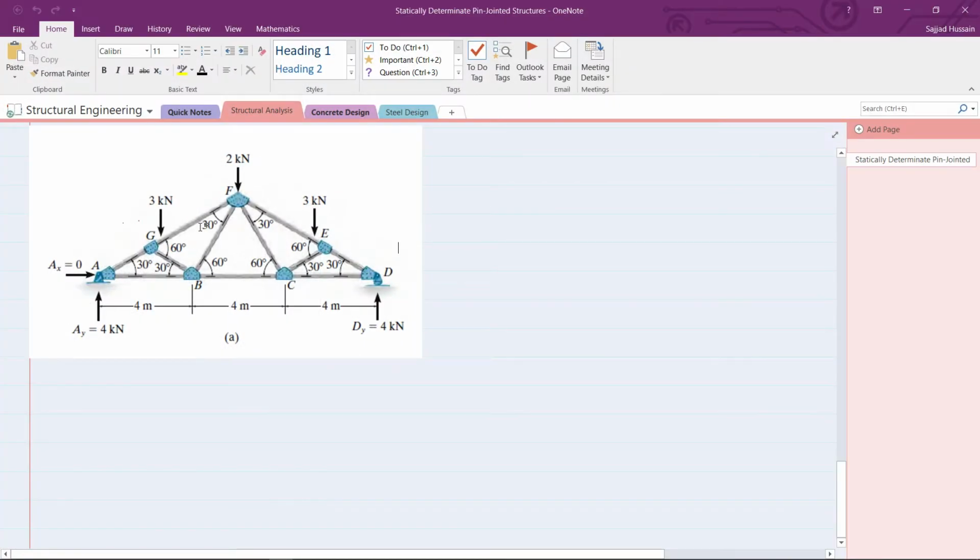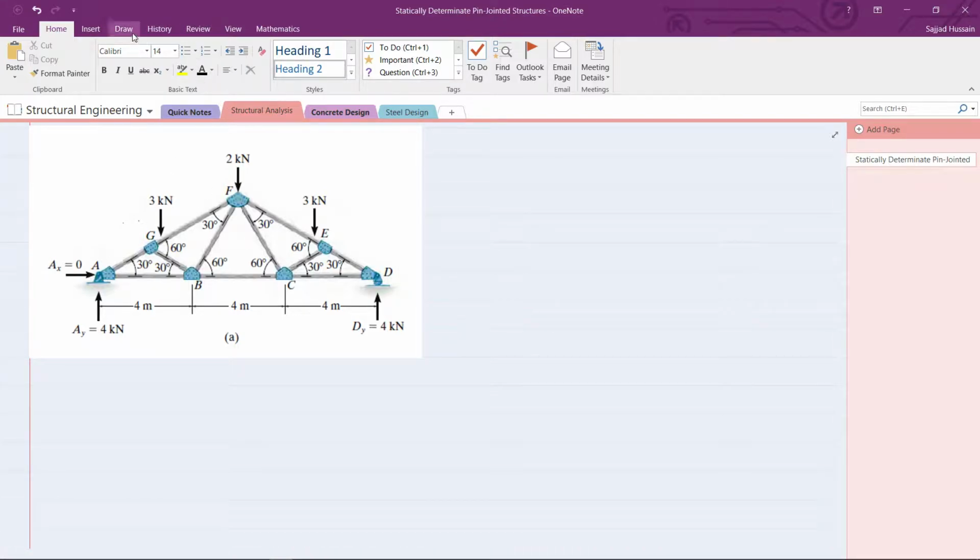We will use this figure. I copied this figure in OneNote, and now let us draw some lines so that it will be very clear.